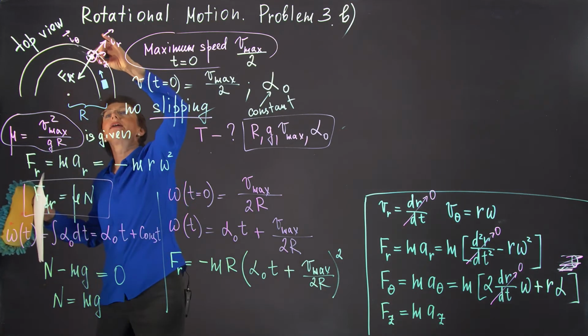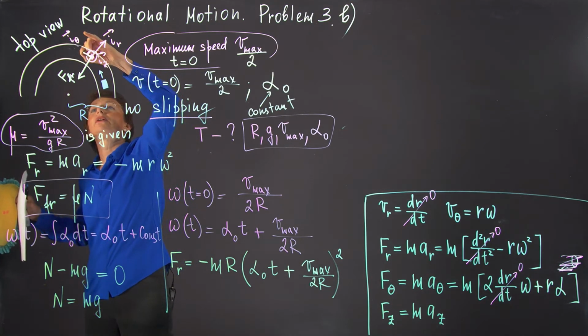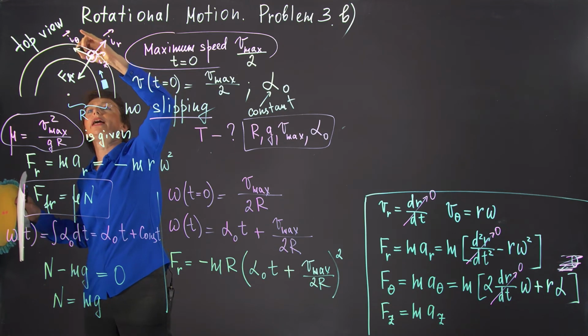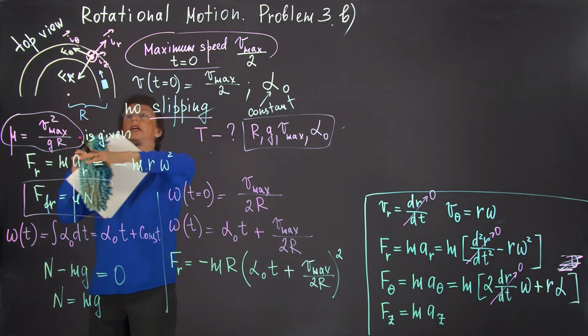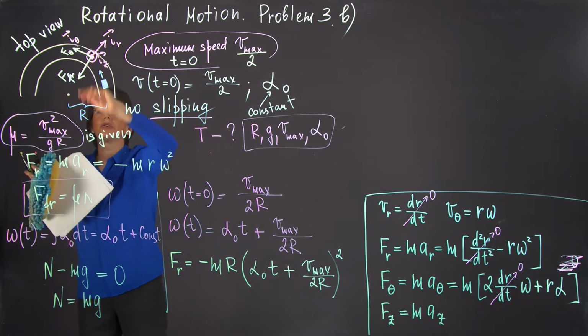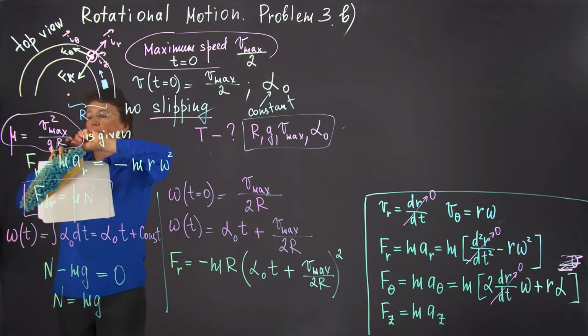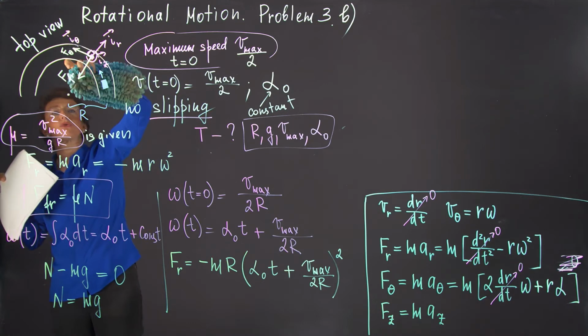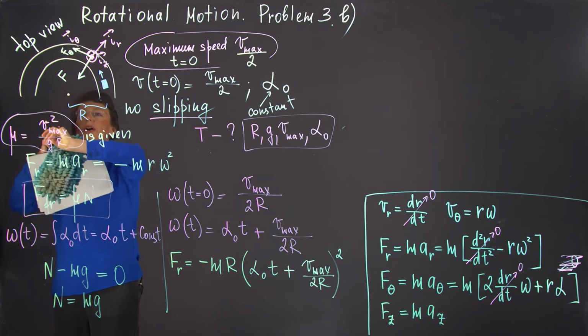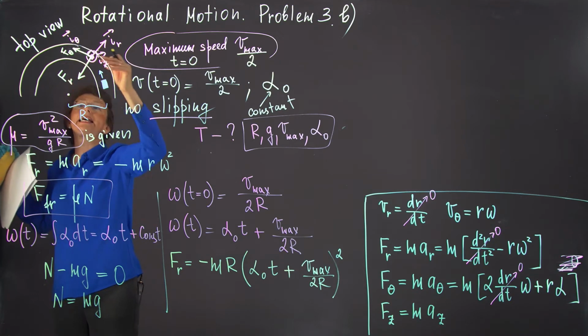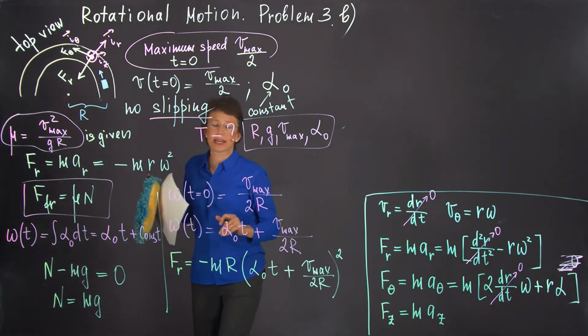So my F theta component of force of friction will be along I theta, along the same direction. Both of them are components of force of friction. This is the radial component F r, and this is the non-zero F theta.